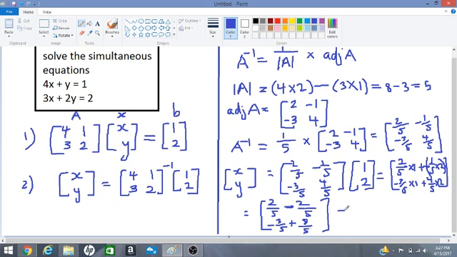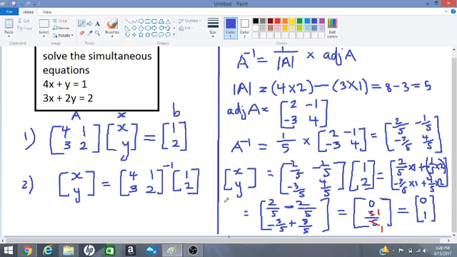Now we work this out. 2/5 take away 2/5 is 0. Negative 3/5 plus 8 over 5: 8 take away 3 is 5 over 5. And we get 0 on top. 5 into 5 is 1. Remember we can cancel here. 5 into 5 is 1, which gives us 1.